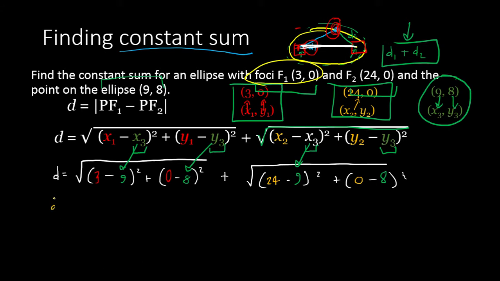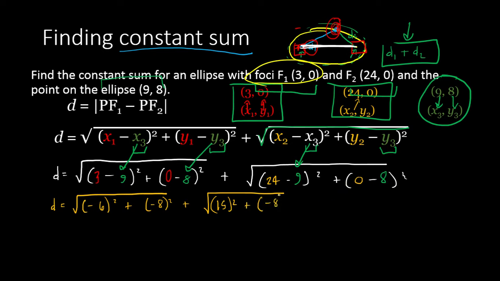Let's continue. From here, it's just a matter of simplification. So 3 minus 9 equals negative 6. 0 minus 8 is negative 8. 24 minus 9 is 15. And 0 minus 8 is negative 8.